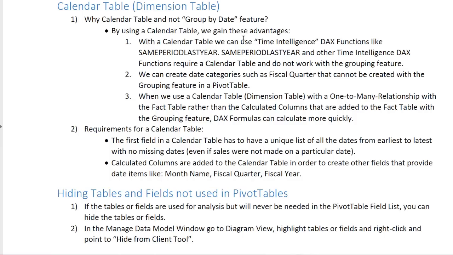Now, a calendar table has a few advantages. Actually, the biggest advantage is that we have access to time intelligence DAX functions like same period last year. One of the calculations we're going to make is we're going to see the percentage change from one date period to another. And the beauty of the same period last year DAX function, which, by the way, is not in a normal pivot table and it is not in an Excel spreadsheet.